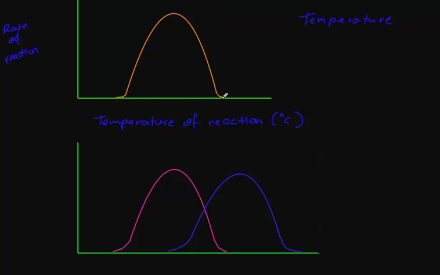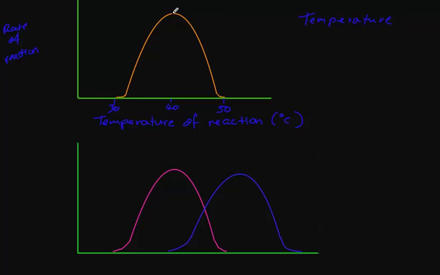So if we think about labeling this graph, we can say that that's somewhere around 30 degrees, and 40 degrees in the middle here, and 50 degrees on the end here. Okay, so what we can see happening is below 30 degrees, enzyme activity has basically stopped altogether.